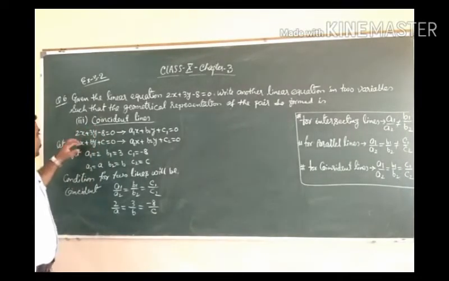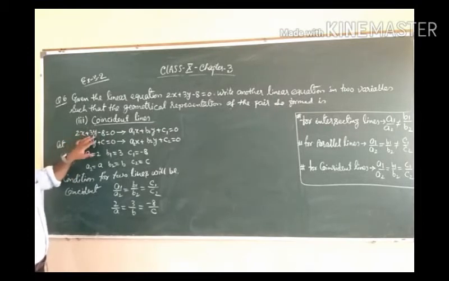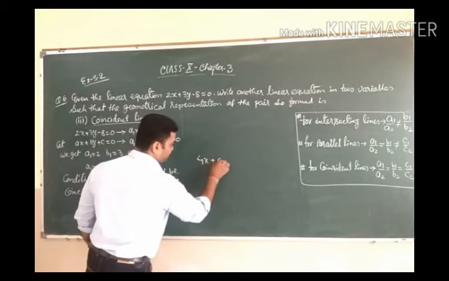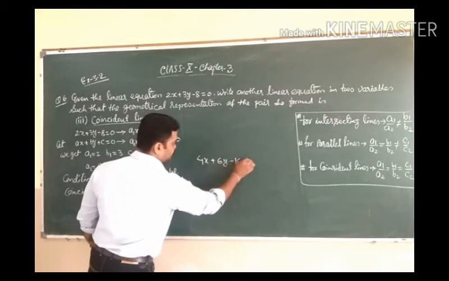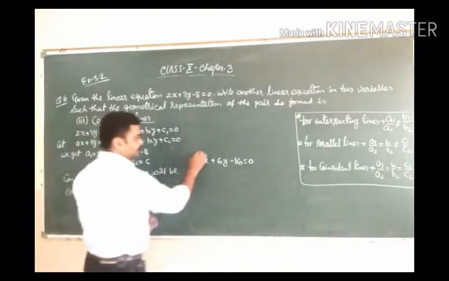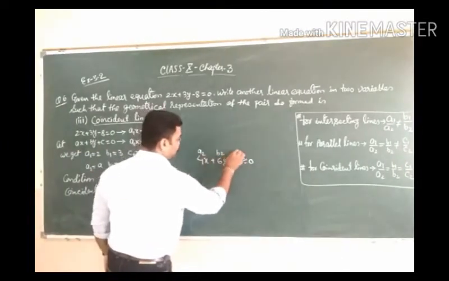That means if we multiply this equation by 2, so what we get? 4x plus 6y minus 16 is equal to 0. That means it is our a2, b2 and c2.